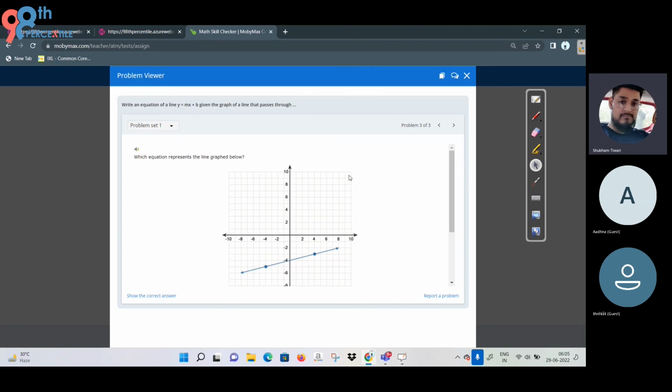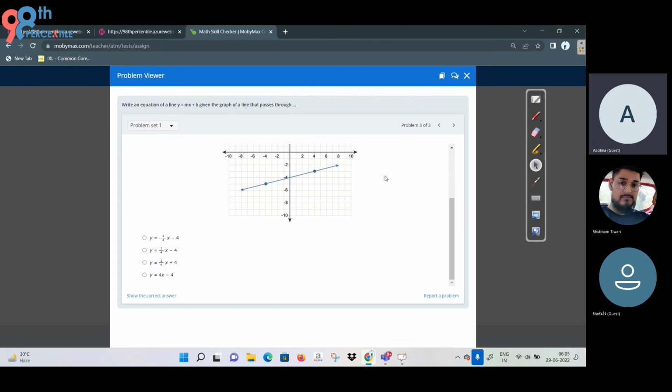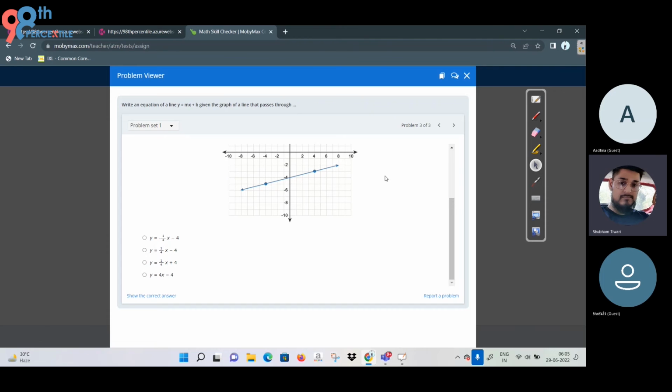Yeah, let's try this. Which equation represents the graph below? It's the second one. Okay, let's see.